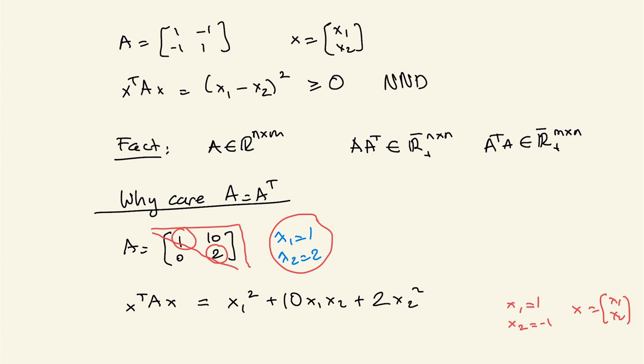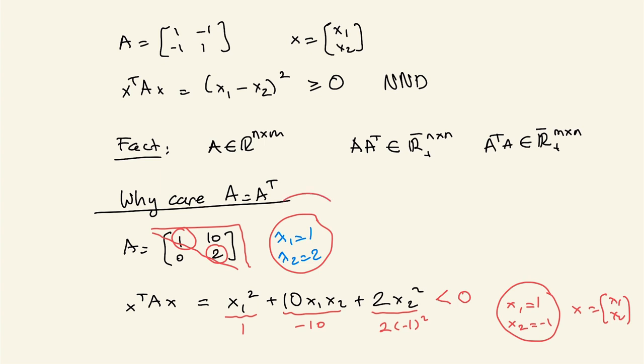I am just taking some specific numbers. This will be 1 to the power of 2, this will be 2 multiplied by minus 1 to the power of 2, but this will be minus 10. So there exist some values of x1 and x2 such that x transpose AX is less than 0.